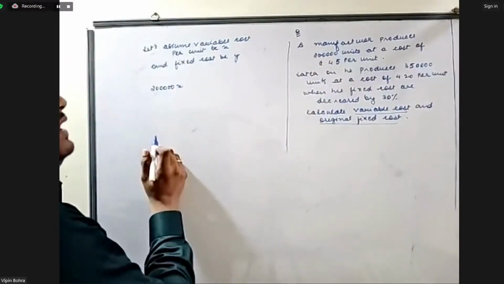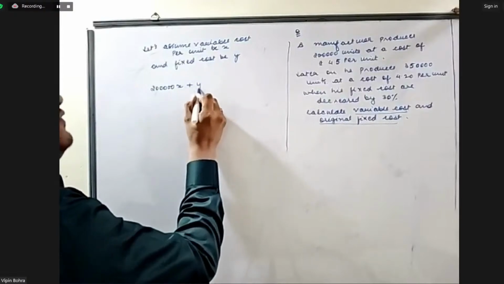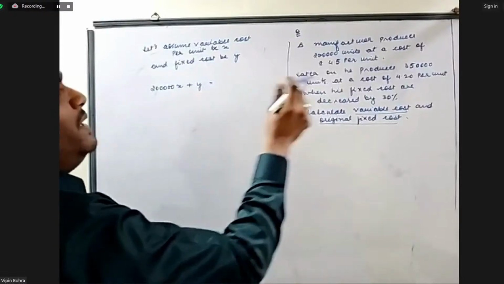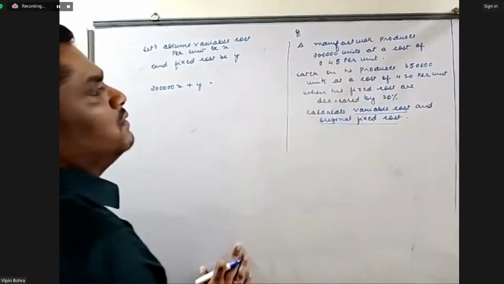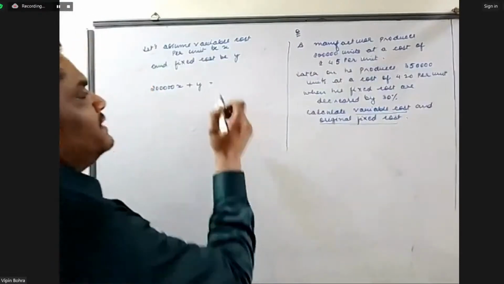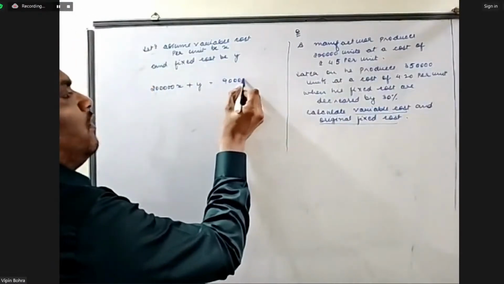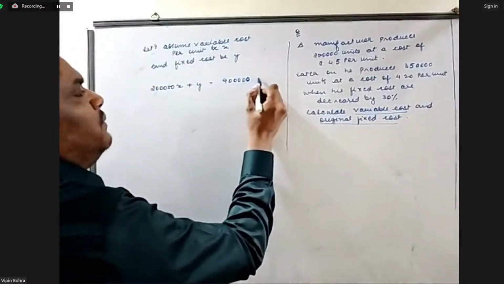So 2 lakh into X, we don't know the fixed cost, plus Y. It should be equal to the total cost, that is 9 lakh. This is equation number 1.